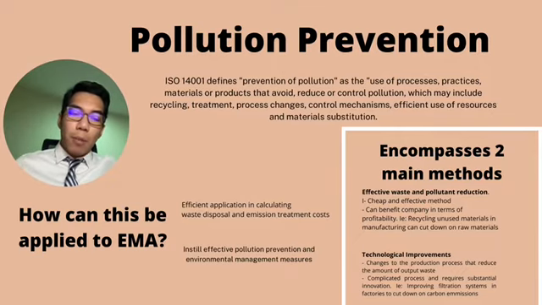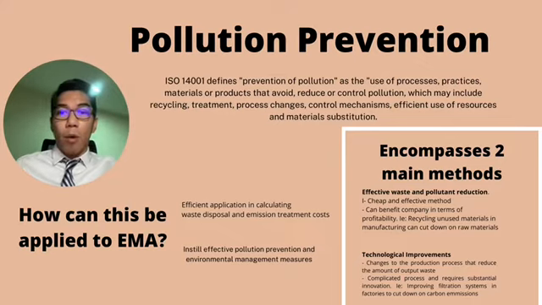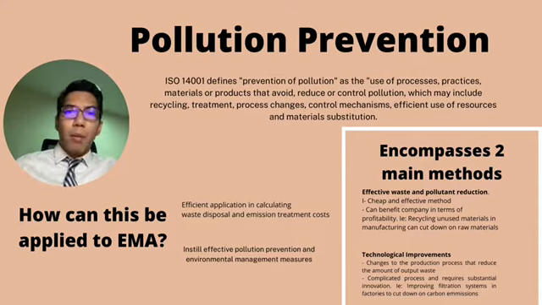Now, when talking about pollution prevention in the context of environmental management accounting, or EMA, it is important to ask how it can be applied in this situation. Environmental management accounting plays a massive role in how companies tackle pollution prevention or reduction within their business practices, mostly in the efficient application of calculating waste disposal and emission treatment costs.